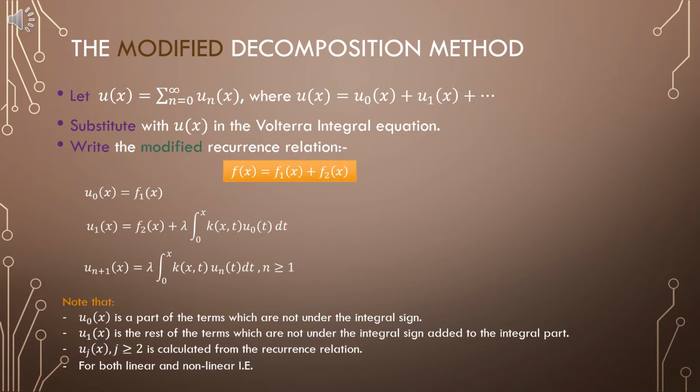Okay, u_j of x, where j is greater than or equal to 2, is evaluated from the recurrence relation. This method is very good because you can use it to solve linear and nonlinear integral equations, and that makes it very powerful.